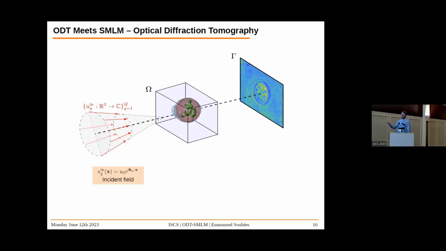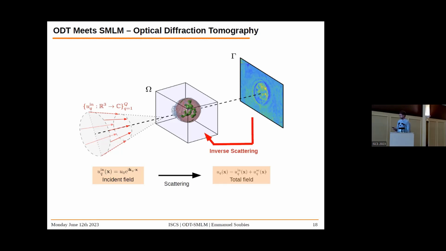So we have the incident field that we send to the sample, it scatters, and we record the total field, a complex measure of the total field, through a holography system. But in this talk, it will be phaseless optical diffraction tomography, in the sense that we will not have the phase information.